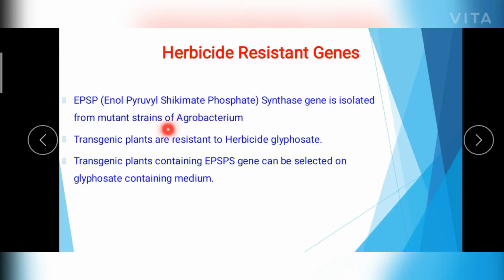This gene is isolated from the mutant strains of Agrobacterium, and the transgenic plants which have this marker gene have the ability to resist a herbicide, in particular a broad spectrum herbicide called glyphosate. So the transgenic plants containing this EPSPS gene can be selected on glyphosate containing medium.